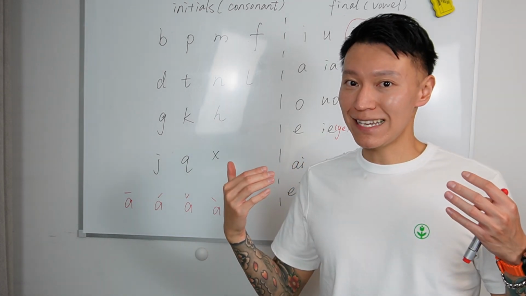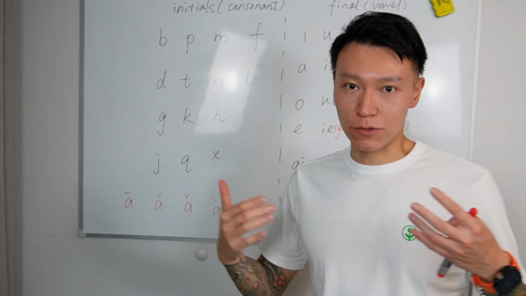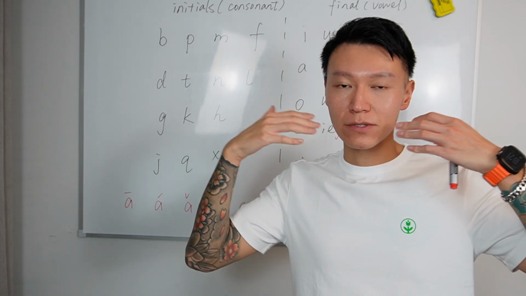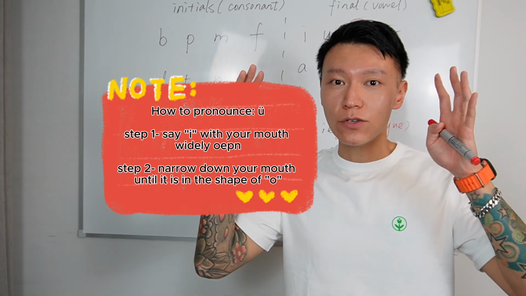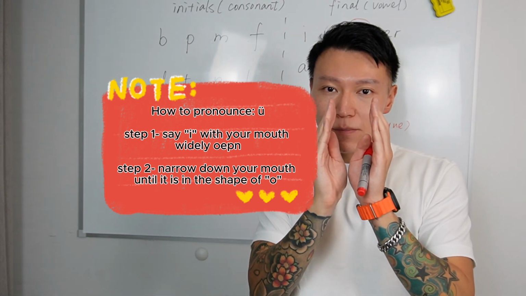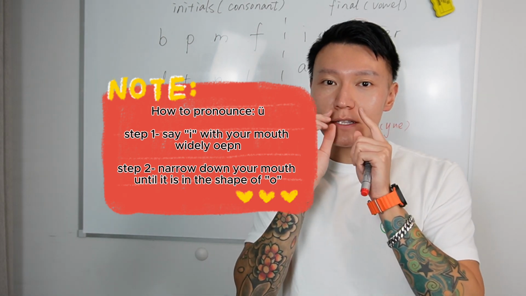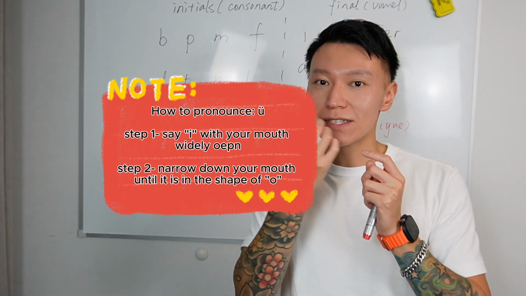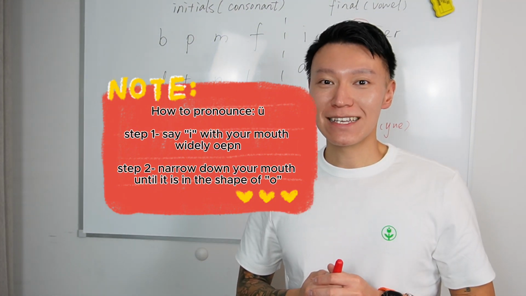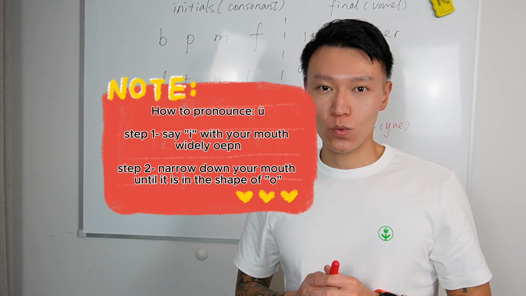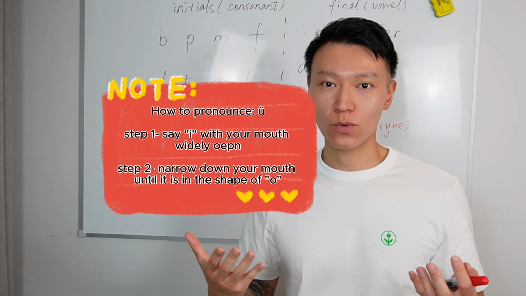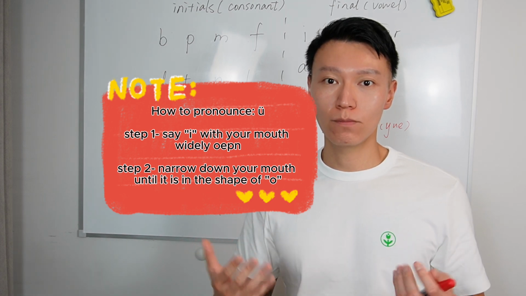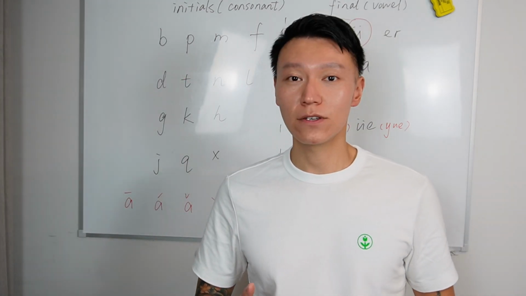First, you pronounce I. I believe everyone is able to pronounce I, right, with your mouth widely open. So you pronounce I, and then you just make your mouth narrower until your mouth shapes a U shape. So it's like... I. Then you have the U sound, okay? I, U.